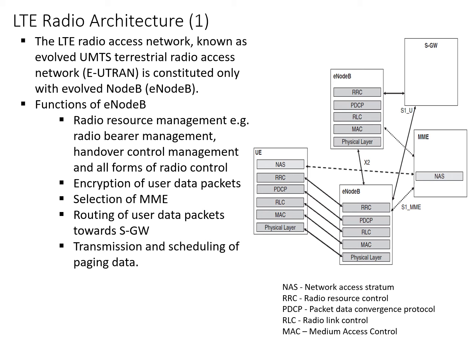The function of E node B is as follows. E node B functions as a radio resource management point, such as radio bearer management, handover control management, and all forms of radio control.